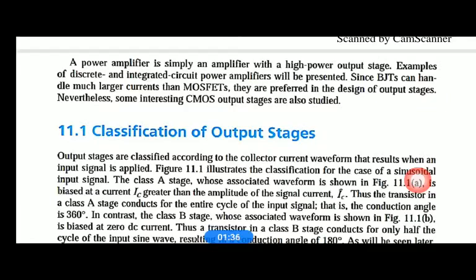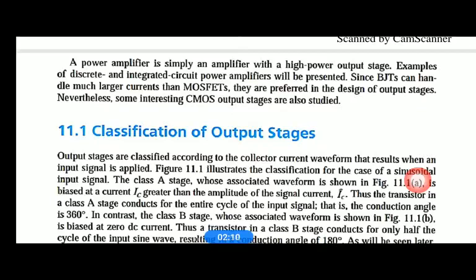So here, discrete and integrated circuit power amplifiers will be presented. Since BJTs can handle a much larger current than MOSFETs, they are preferred in the design of output stages. Some CMOS output stages are also available, which are used for many applications.